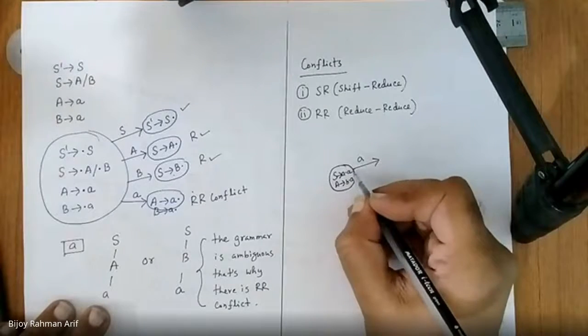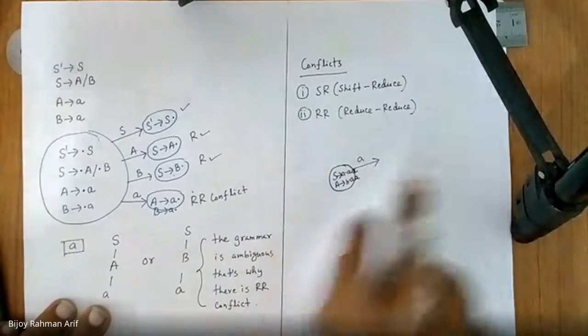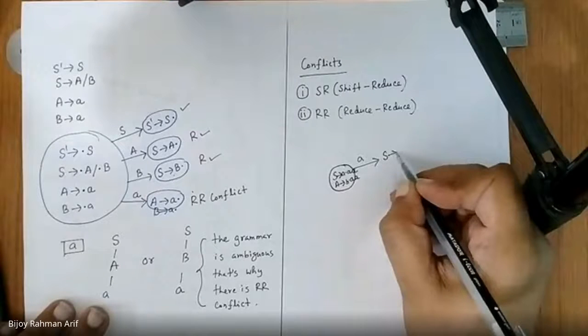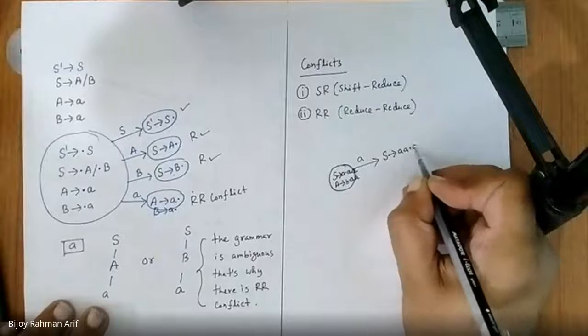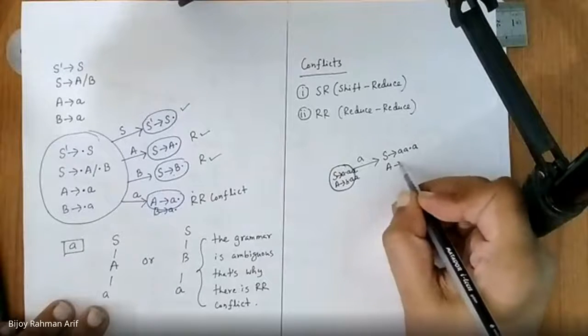Let's say we have another A. If you shift on A, you get S derives AA dot A and A derives BA dot A.